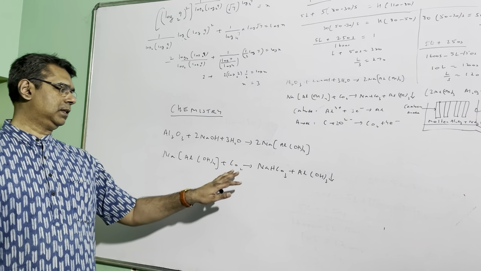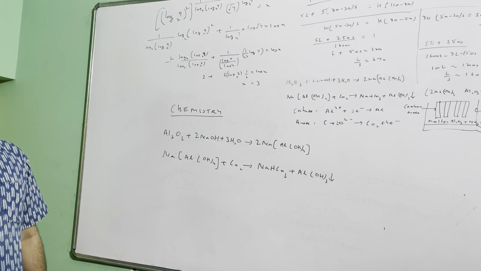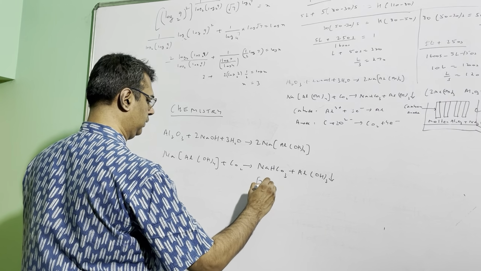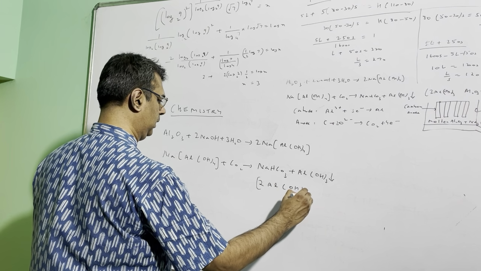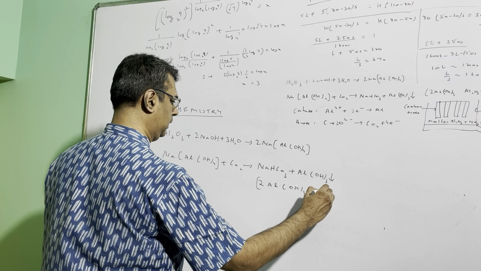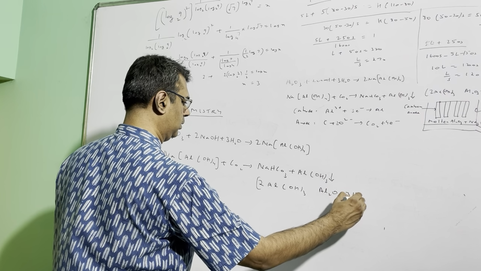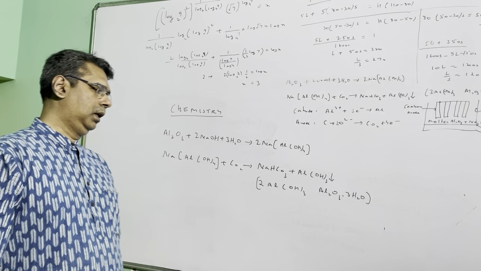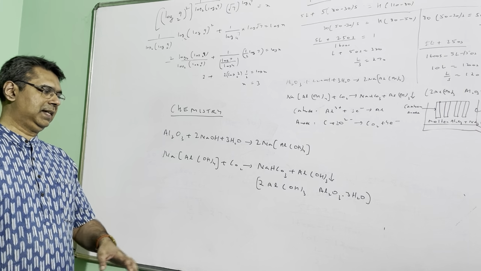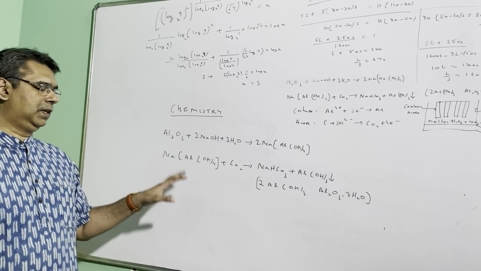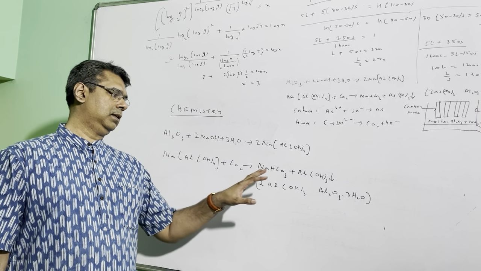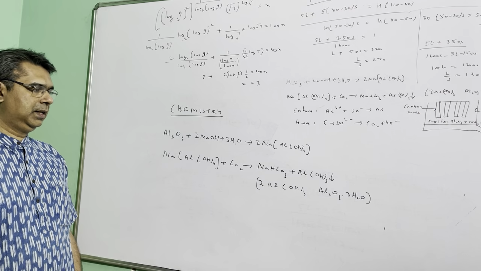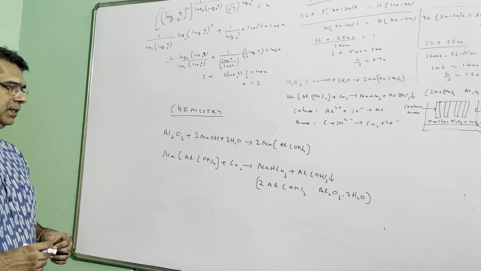Chemically, aluminium hydroxide is basically nothing but hydrated alumina. So 2 moles of aluminium hydroxide is equivalent to 1 mole of hydrated alumina, that is Al2O3.3H2O. So the first option is correct: on passing carbon dioxide through sodium aluminate, you are getting hydrated alumina.